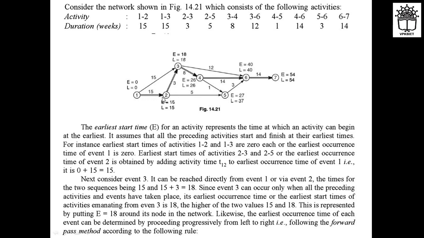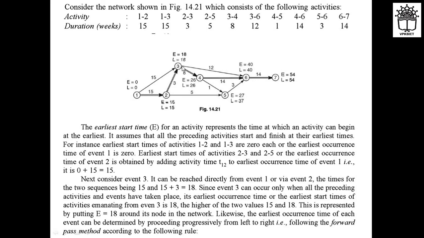Otherwise, via 2, it will be 15 plus 3, that is 18. So you have to take the maximum in that case, which is 18, and the minimum is 15.